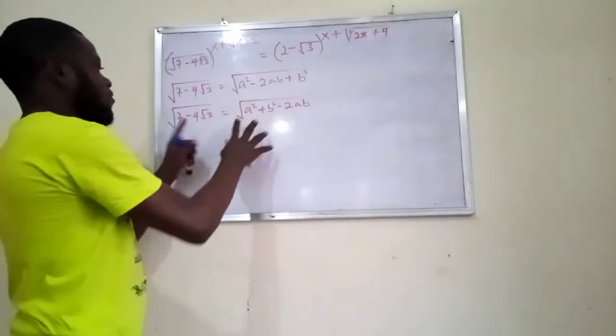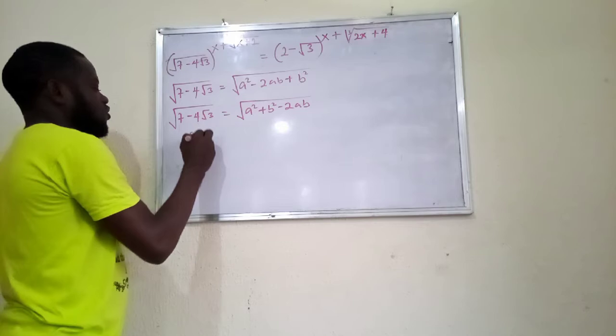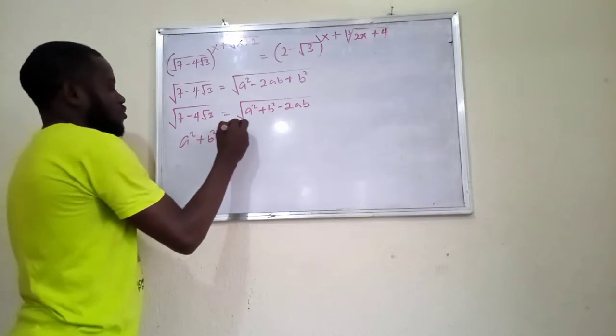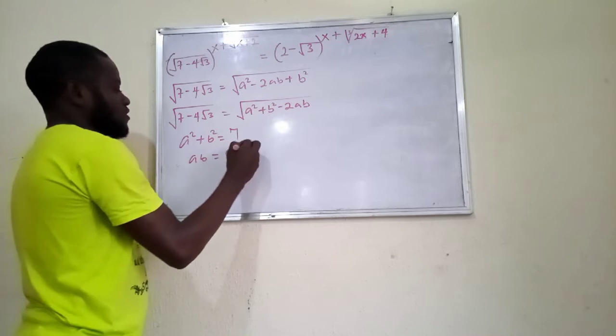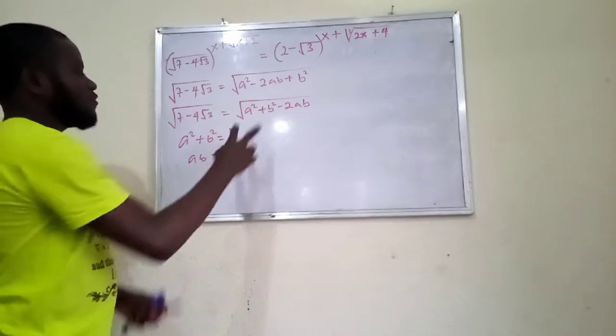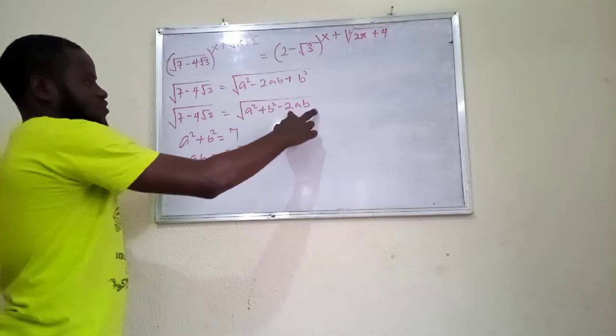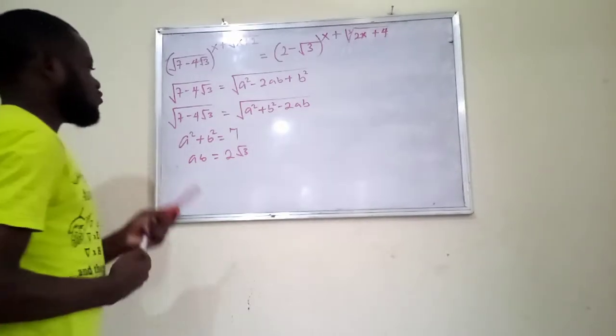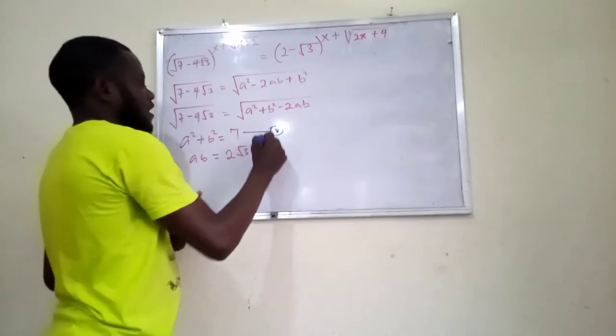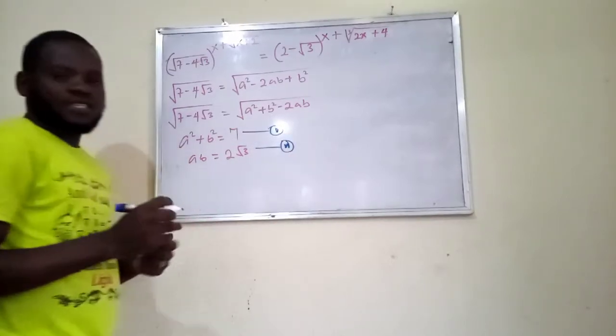We can then compare coefficients, whereby a square plus b square will equal 7, and ab will equal 2 root 3. This will become our first equation and this will become our second equation.